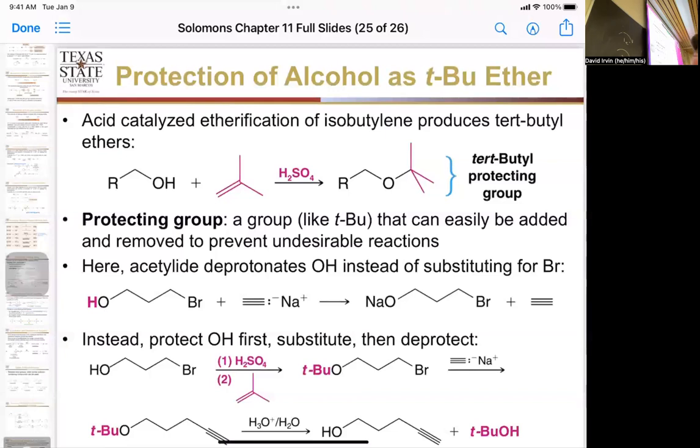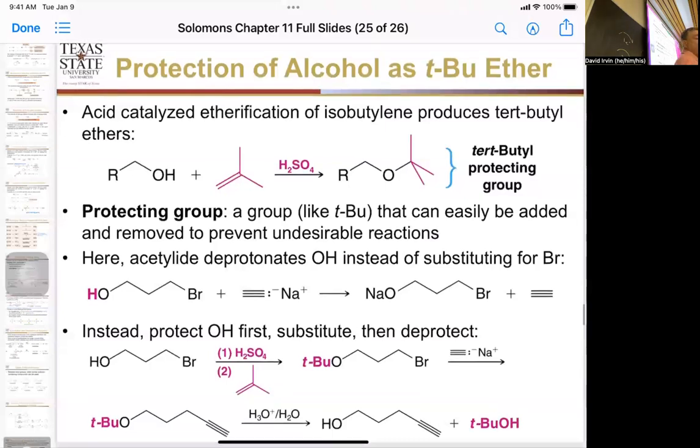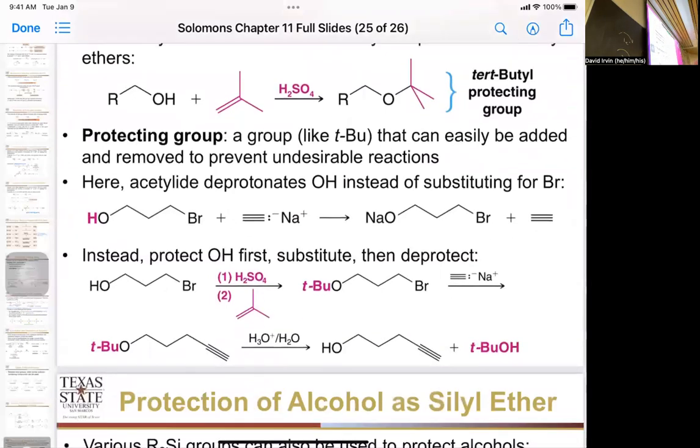But now we have to clip it off. We did it here with sulfuric acid and isobutylene with no water or very little water. We're trying to drive it to the carbocation, right? So to reverse it, what we're going to do is acid-based hydrolysis. And the reason that this is going to fall off so easily is because that t-butyl group can form a carbocation. So we're going to end up protonating this and allowing it to come off as a carbocation.